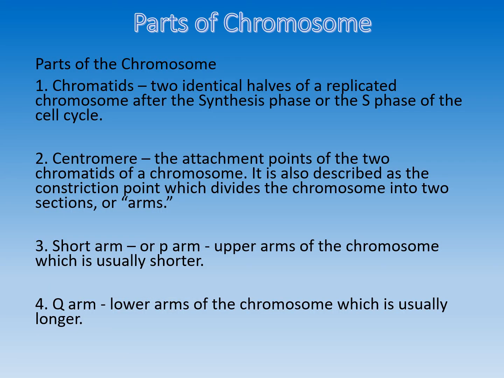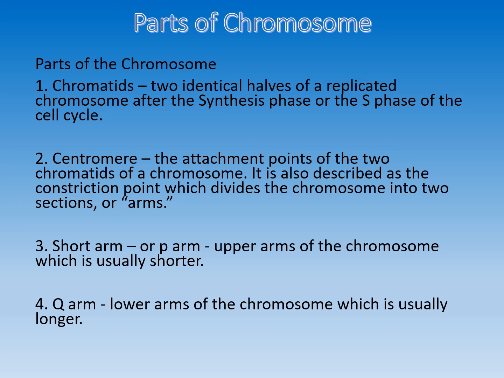These are the terms that you need to remember in terms of the parts of the chromosome. First, chromatids are two identical halves of a replicated chromosome after the synthesis phase or the S phase of the cell cycle. The second one is the centromere, the attachment point of the two chromatids of a chromosome. It is also described as the constriction point, which divides the chromosome into two sections or arms.